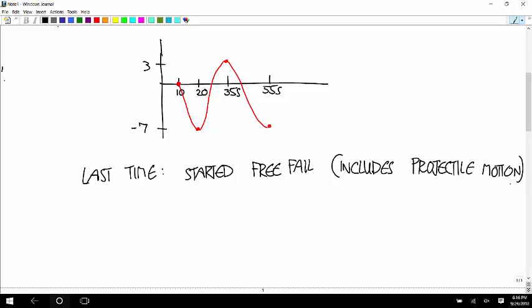And I talked about the things that change the effect of air resistance on an object's motion. So how massive the object is matters, how much surface area it has matters, and how fast it's going. Those are the things that determine air resistance's effect on the object's motion.